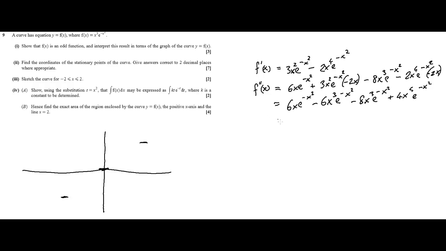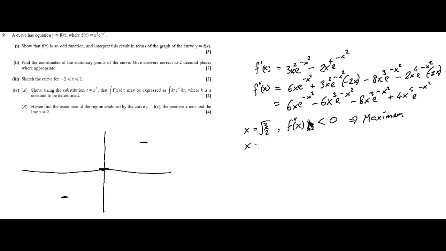On calculators, use the answer function for this, I guess, and we should be able to get that for x equals plus root 3 on 2, f dash dash x is less than 0, which means that it's a max.